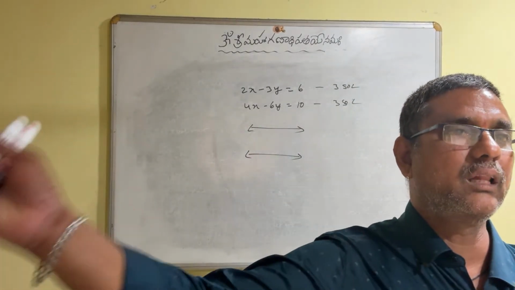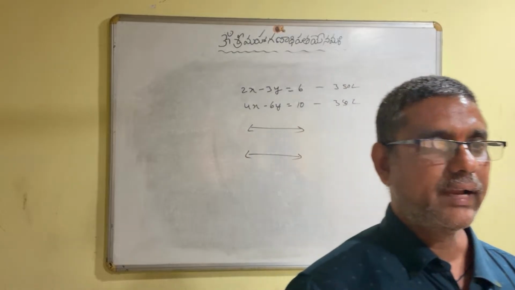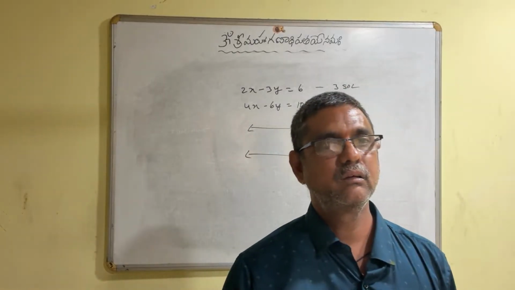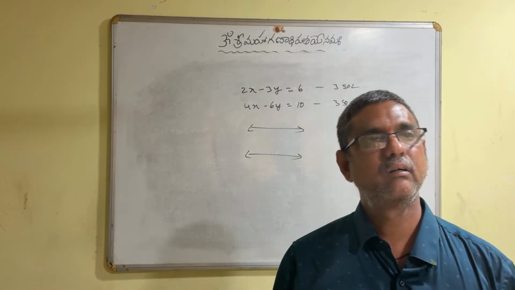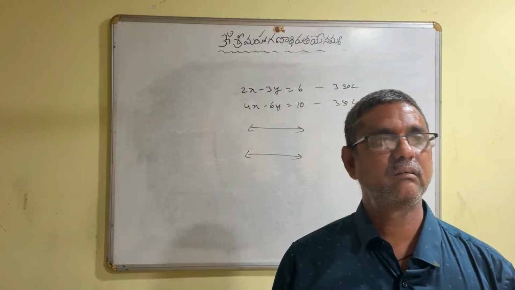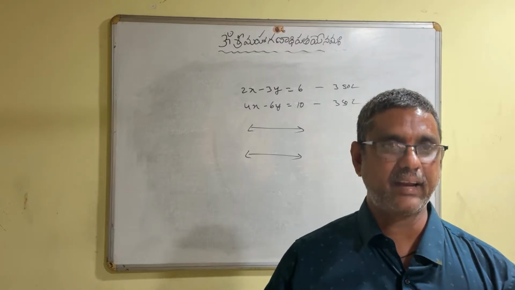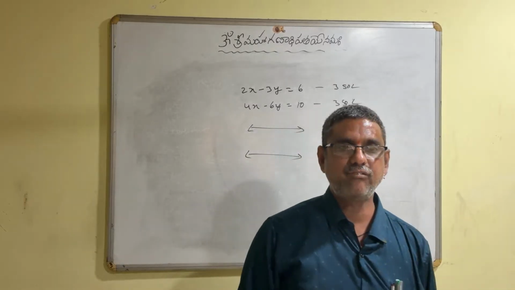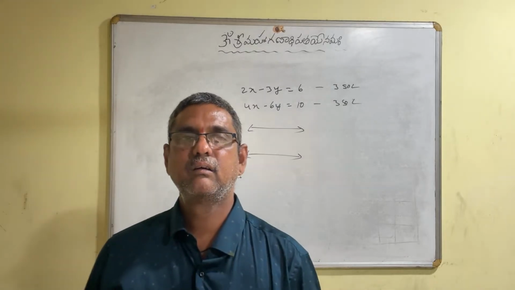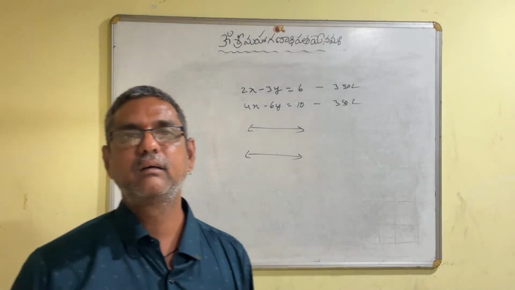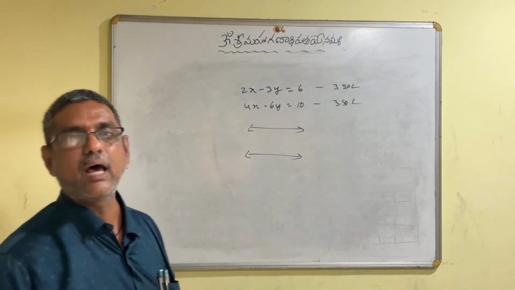After doing all this work, finding the 3 solutions, taking the graph, plotting the points and joining them, after half an hour you came to know that the lines are parallel.